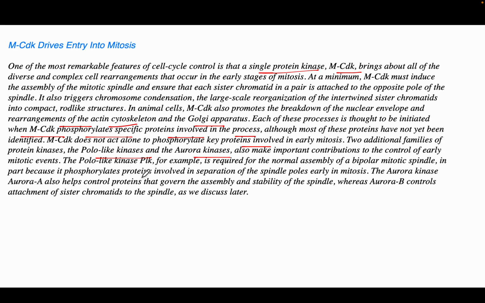Polo-like kinase is required for the normal assembly of a bipolar mitotic spindle, in part because it phosphorylates proteins involved in separation of the spindle poles early in mitosis. Aurora A also helps control proteins that govern the assembly and stability of the spindle, whereas aurora B controls attachment of sister chromatids to the spindle, and we'll discuss it later.